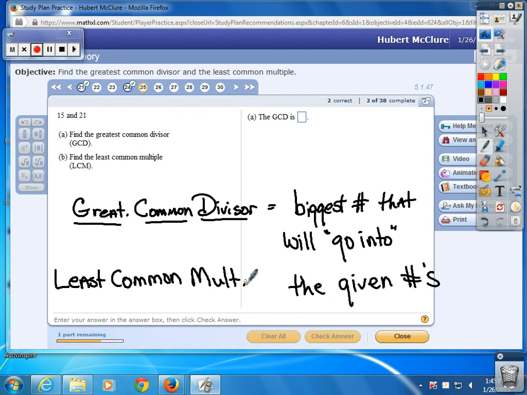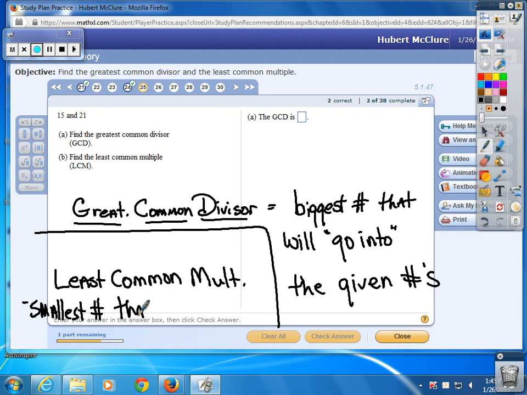And the least common multiple is the smallest number that the given numbers will go into.